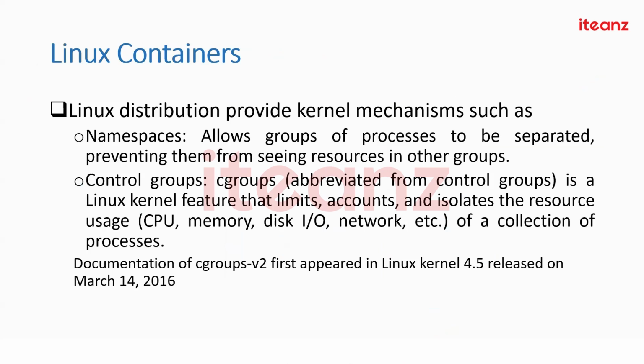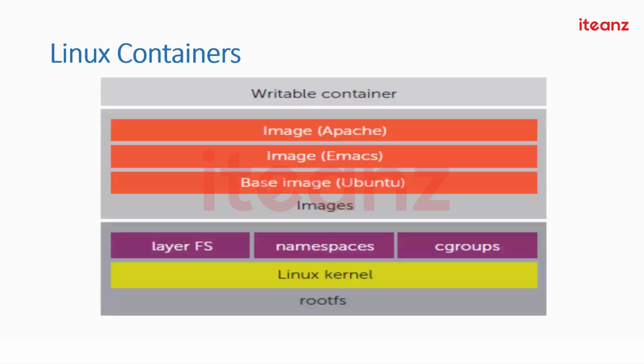Linux distributions provide kernel mechanisms such as namespaces and control groups, cgroups, the important one. These Linux features limit, account for, or isolate resource usage of a collection of processes, nothing else. These are Linux containers. Again, this is the root FS, and this is the Linux kernel.